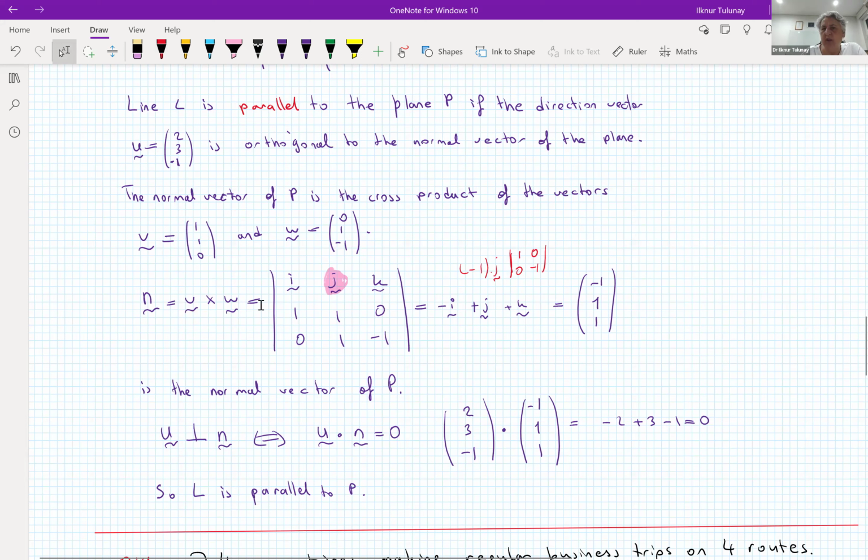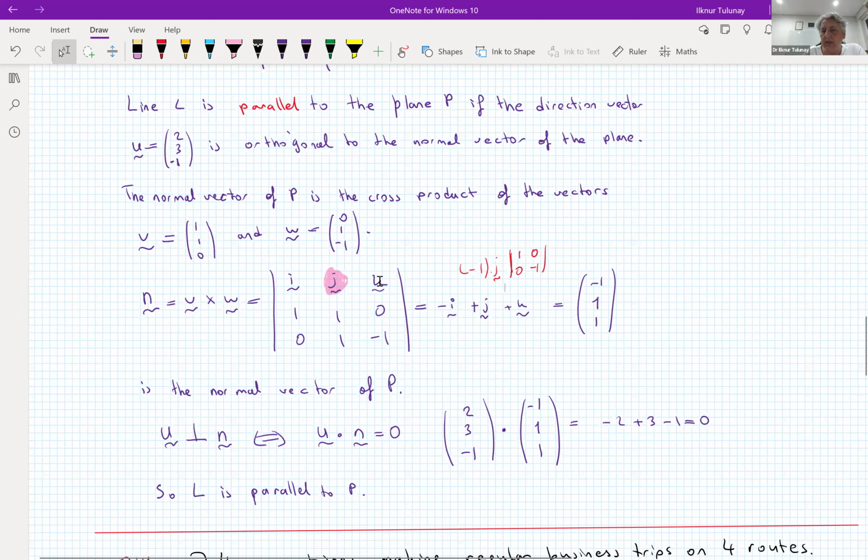I'm just reminding you here how to do it. For the j position, you have minus 1. You remove this column and this row, and whatever is left you calculate the determinant of. 1 times minus 1 is minus 1, but since you have a coefficient of minus 1, this is how I got the plus j.